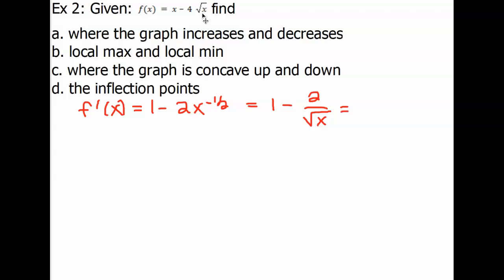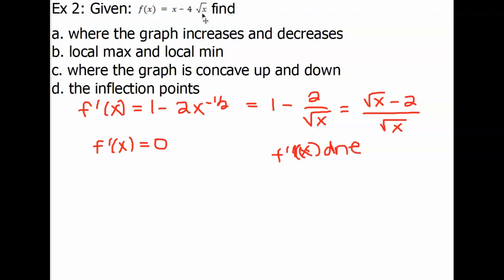So then that's also the square root of x minus 2 over the square root of x, creating that common denominator. Why I do that is because it's more helpful to find f prime of x equals 0 and f prime of x does not exist.